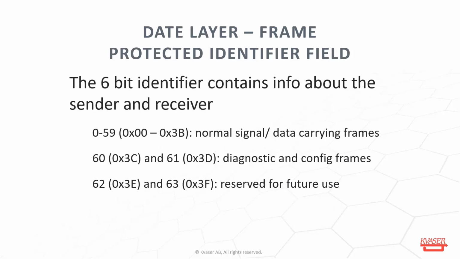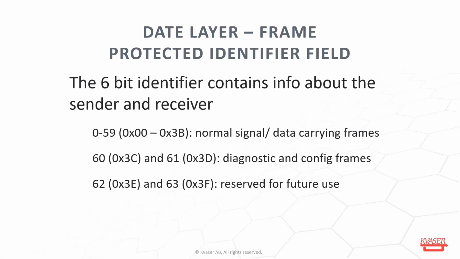The protected identifier field, that 6-bit identifier in the first part of the identifier, contains info about the sender and receiver. If the range for that is between 0 and 59 decimal, that is a normal signal data carrying frame.